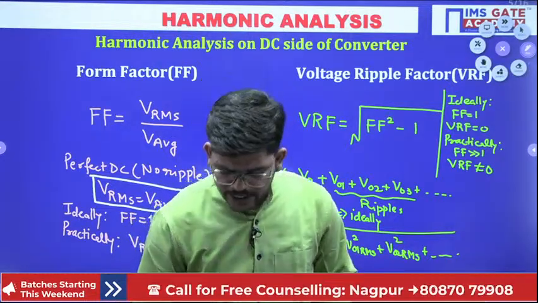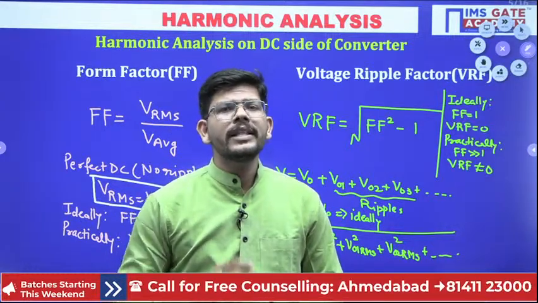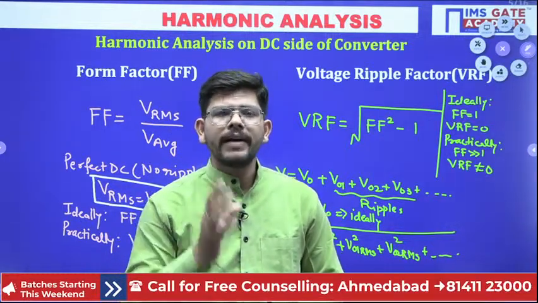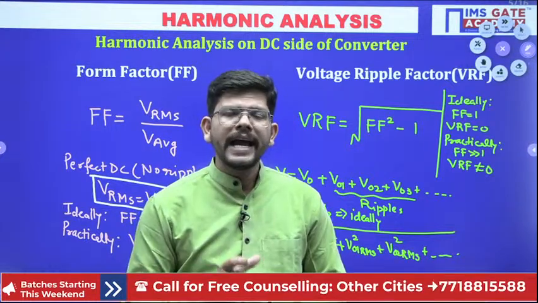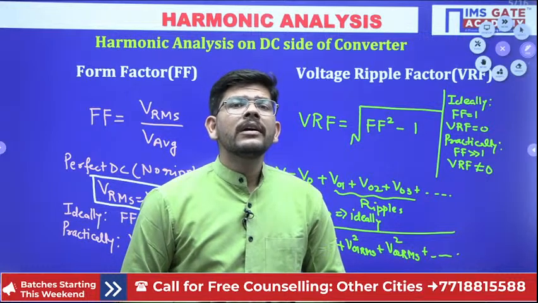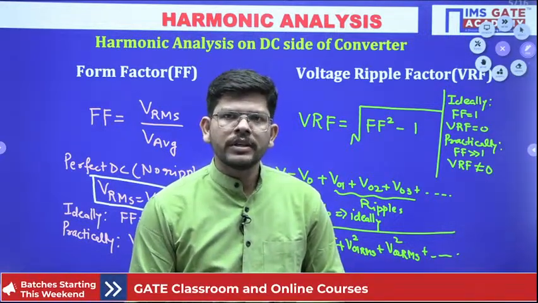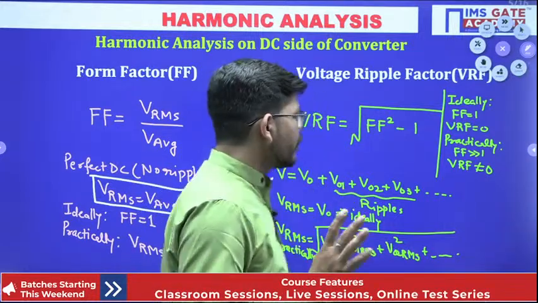So if it is the DC side of the converter, then we are involved with the voltage ripple factor and form factor, and if it is the AC side of the converter, we will be involved with the current distortion factor and total harmonic distortion. Is it clear? Very good.